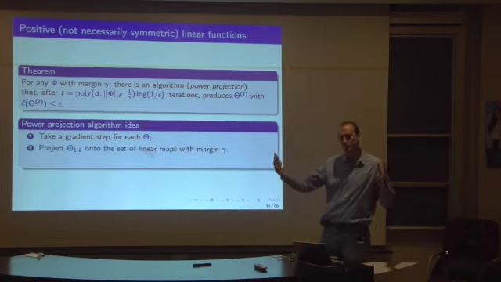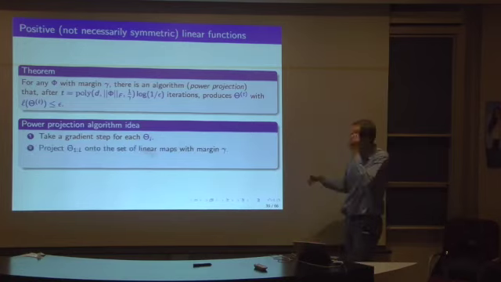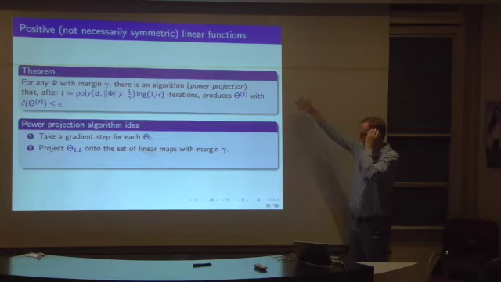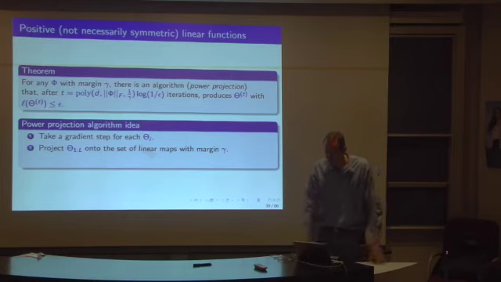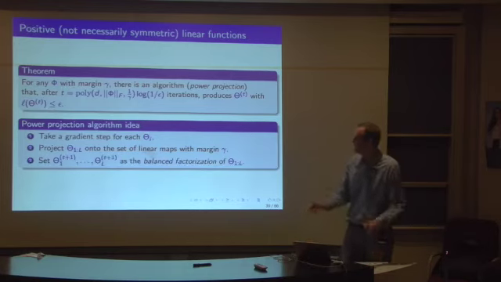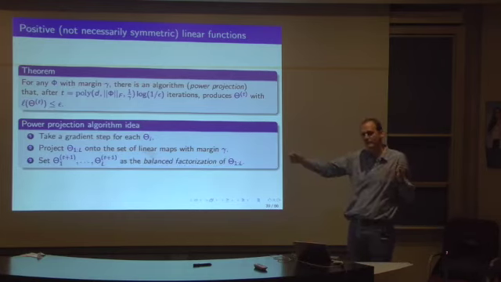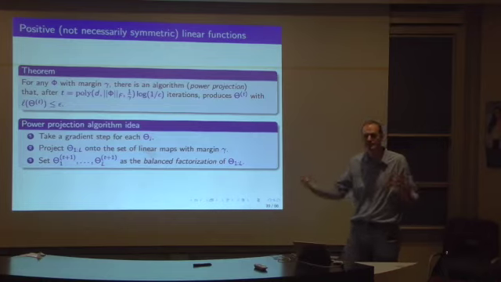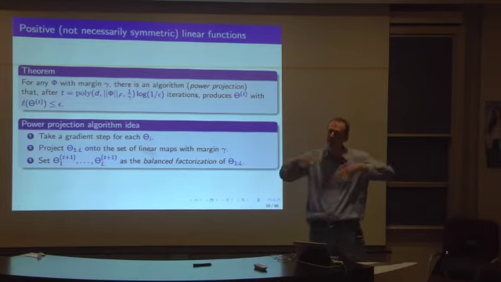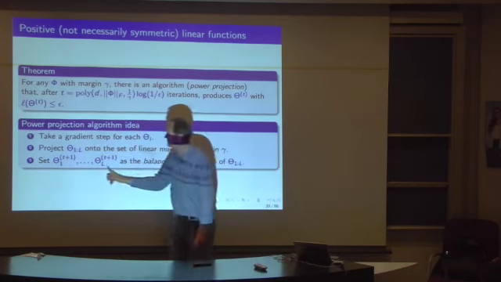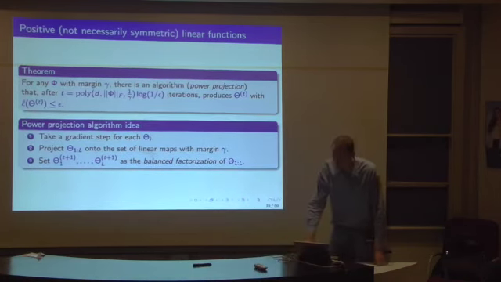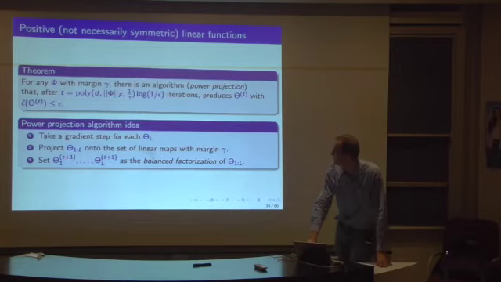You're projecting the product of those onto the set of positive matrices, a set of matrices that have this margin gamma. And then you're setting the subsequent parameters to be a certain factorization of that product, and it's a balanced factorization. So you're spreading out the scale of this transformation evenly across all of those parameters. And what's this balanced factorization?